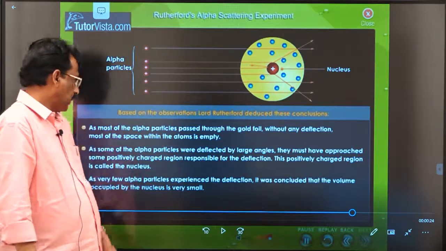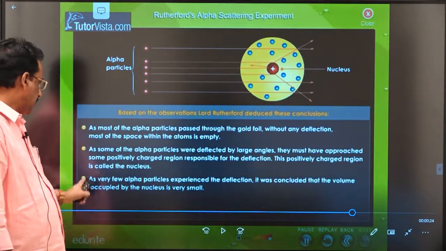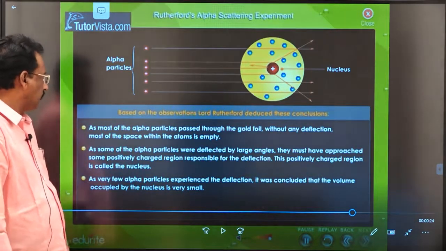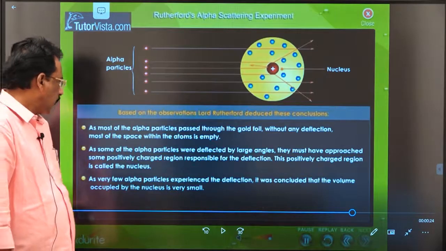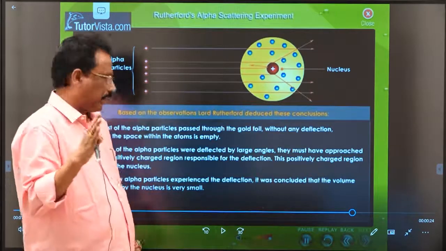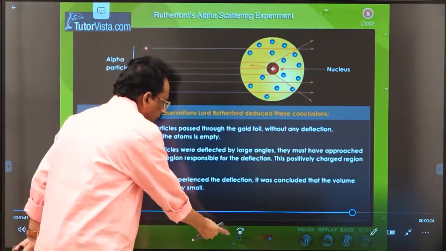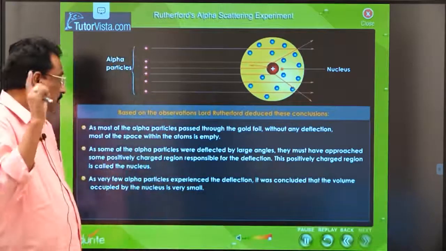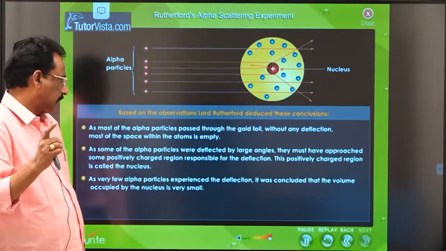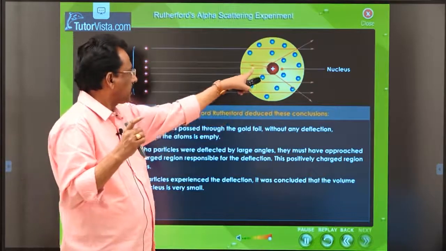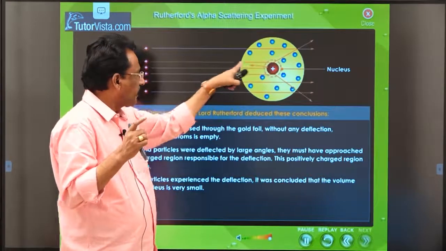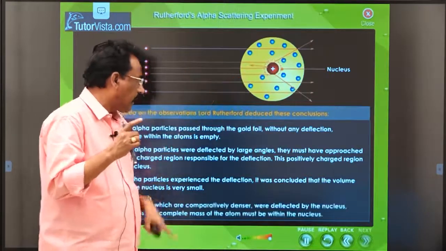That means in the atom there is a heavy positive charge concentrated at the center, which he called the nucleus. And the third, very important observation is that very few alpha particles, 1 in 20,000, are deflected back along their original path.